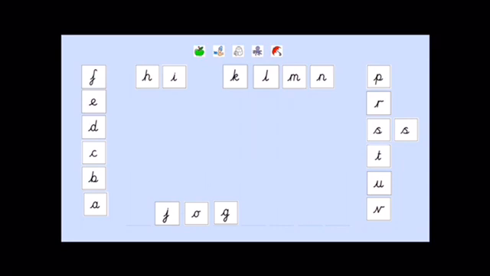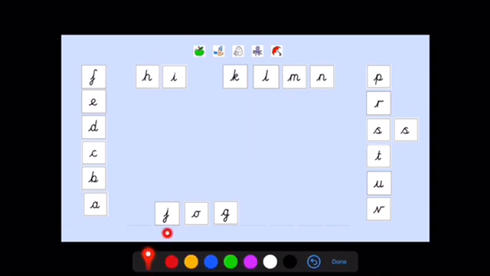And that is because when we have the letter J, we use it for the sound J. But there is another letter that is also said as J if it is followed by an E or an I. We have been practicing words where J is followed by A, U, or O. And we'll come on to the words that use a different letter a bit later on.